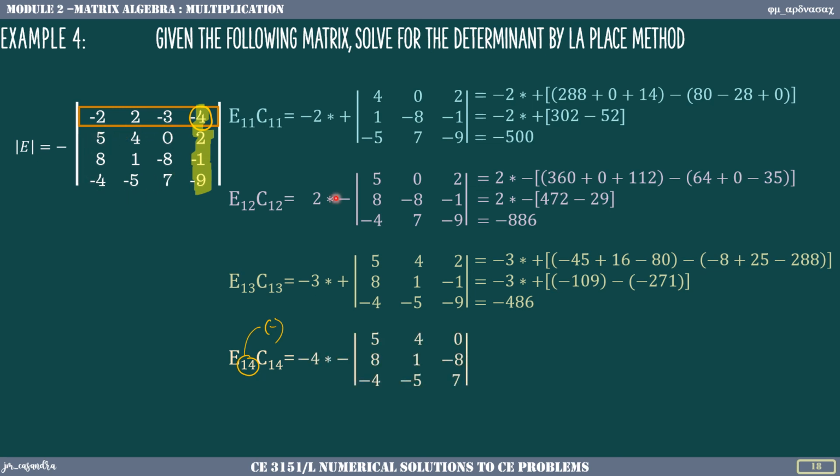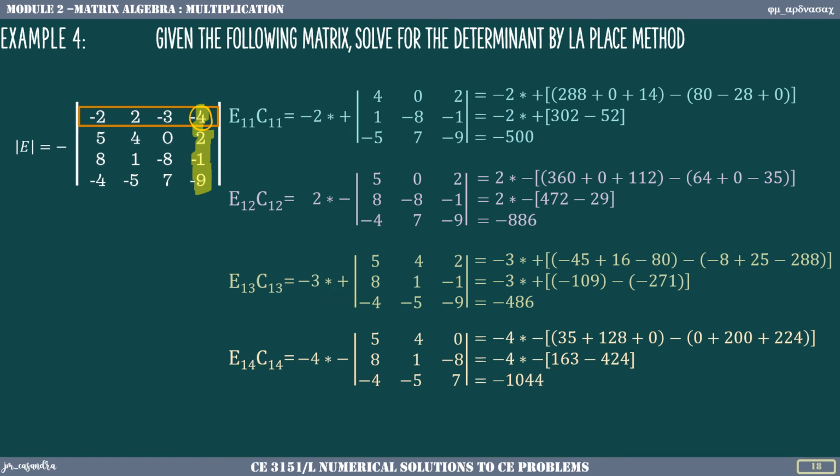We have 5, 4, 0, 8, 1, negative 1, negative 4, negative 5, and 7. So computing, we'll get now the product of element 1, 4 and its cofactor, which is equal to negative 1,404.